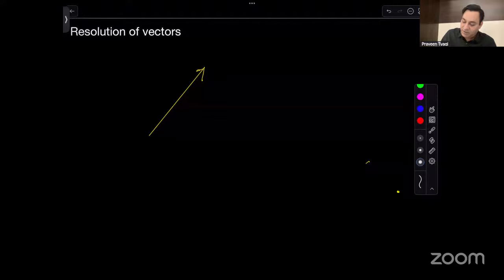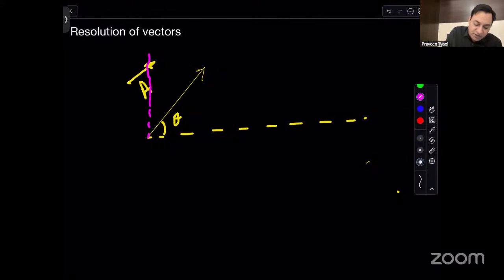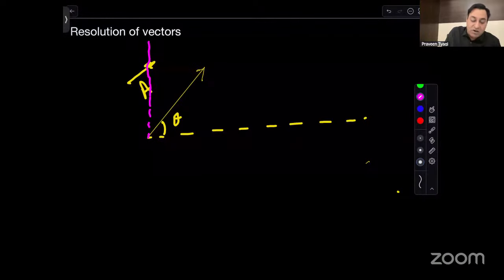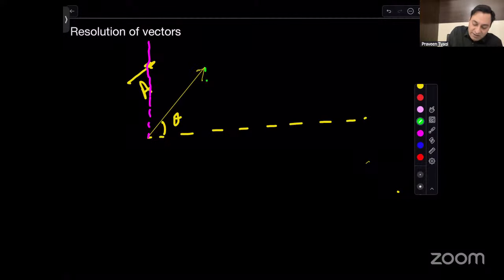If you have a vector A and you want to break it into two components, one component must be along this direction, which is making an angle theta with it, and the other component is in a direction which is perpendicular to it. Now, how do you break or resolve this vector A into these two components? What you need to do is draw a perpendicular from here to this. This is 90 degrees.